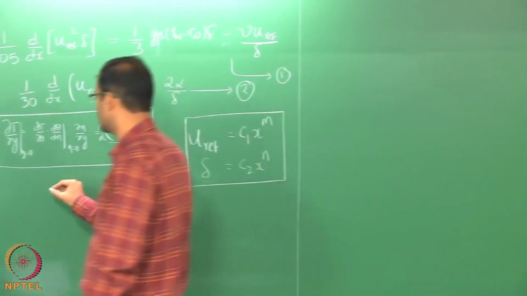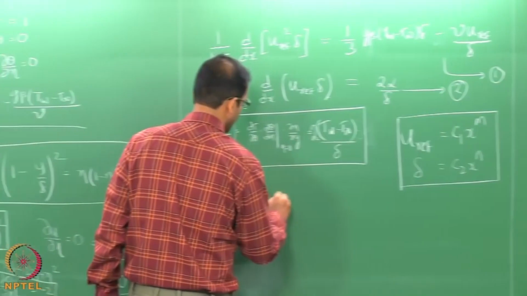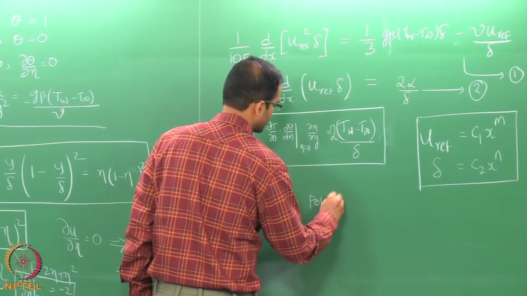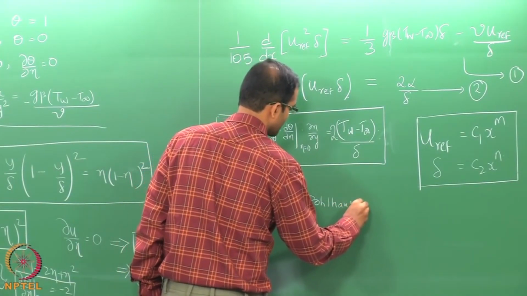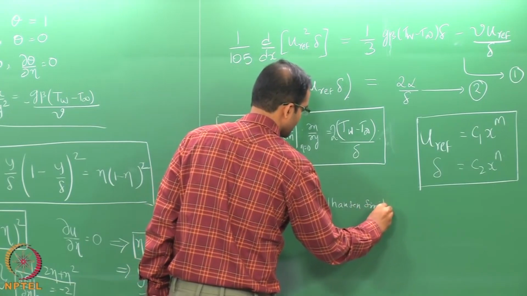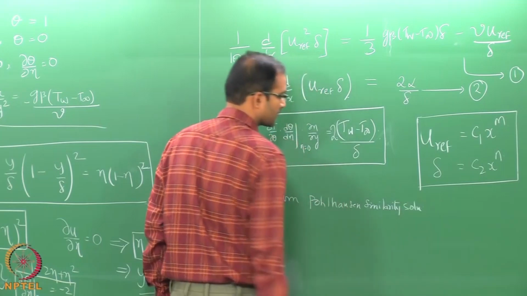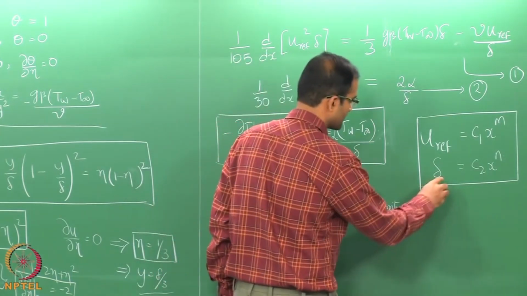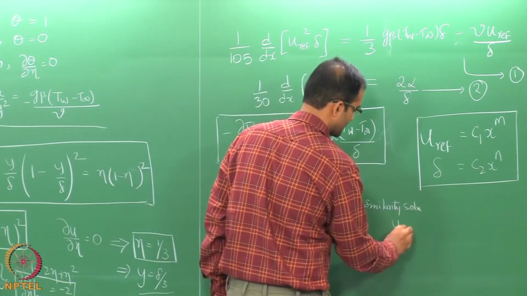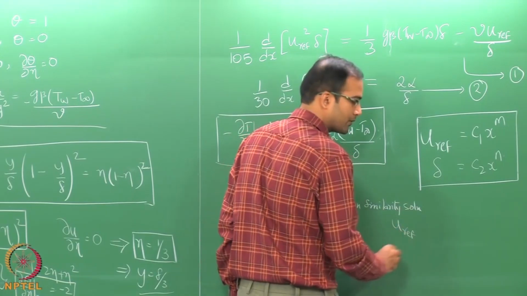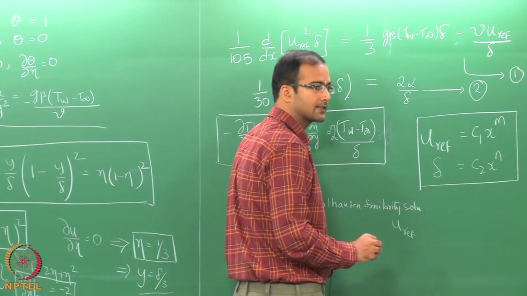So, from the original Polhausen solution, what was u reference? The order of magnitude of u reference was square root of g beta delta t x.